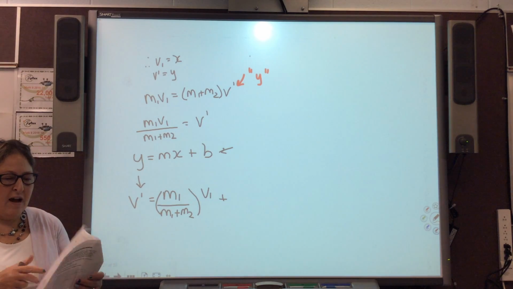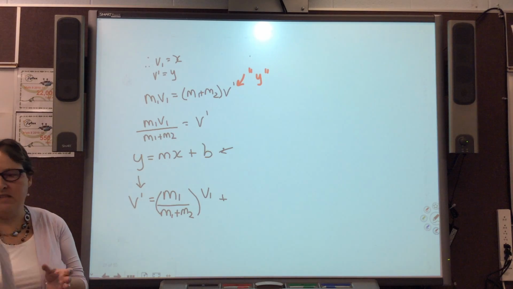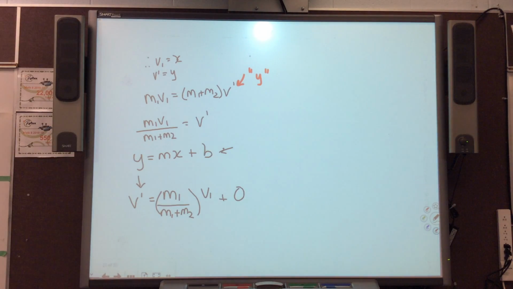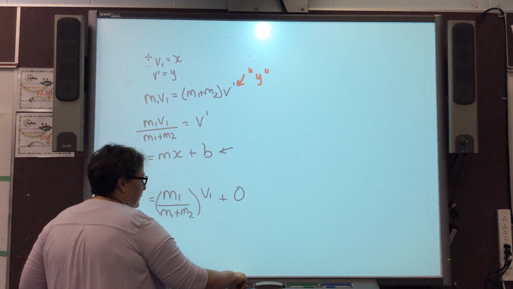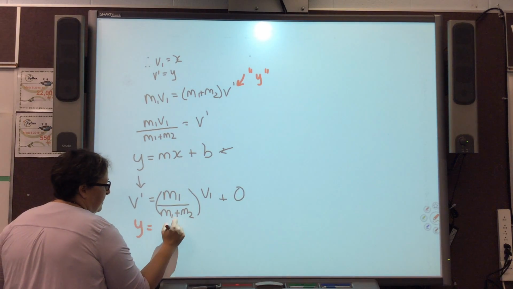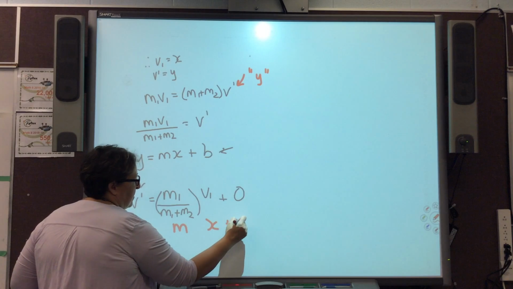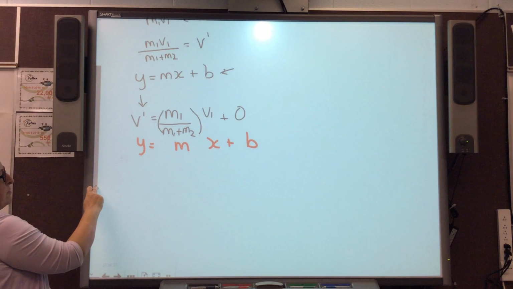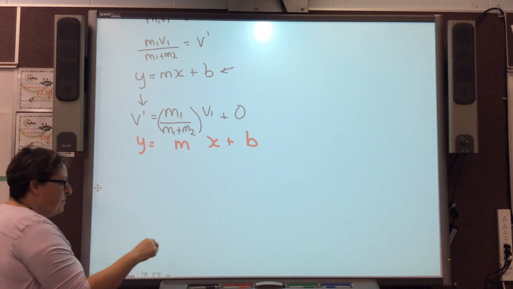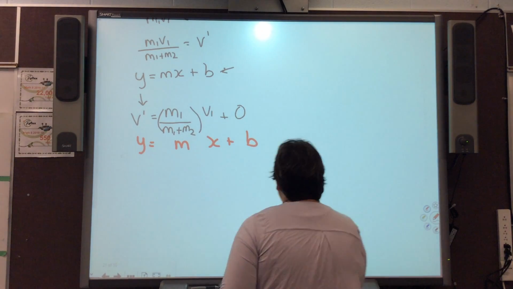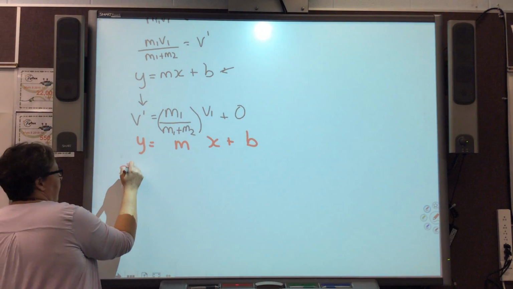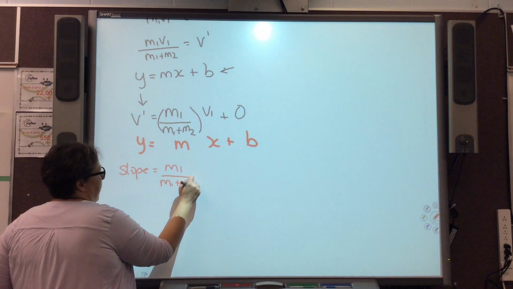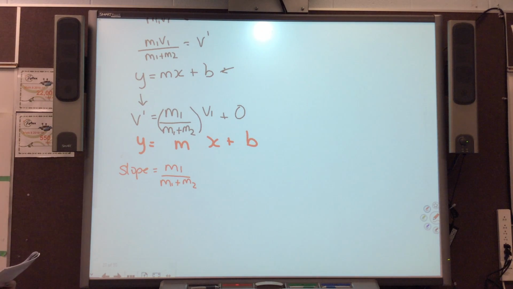When we go back and we look at the graph, we see that it crosses through 0. So this is going to be 0. Okay, so this is our Y, this is our M, our X, and our V. That's what our slope is of this particular graph.